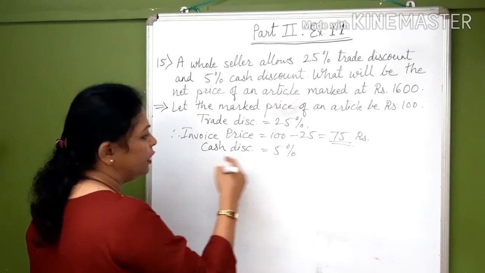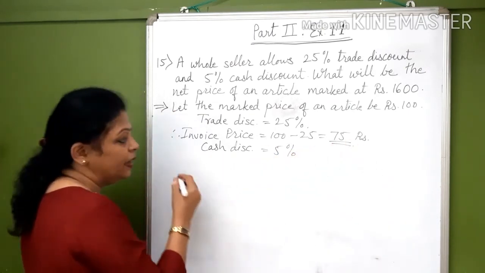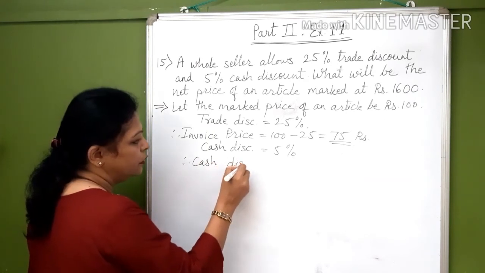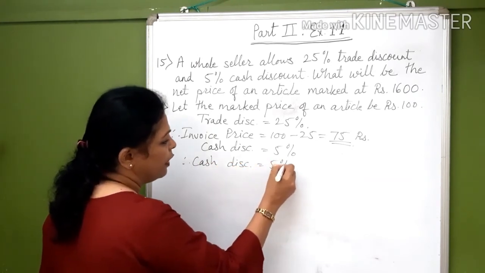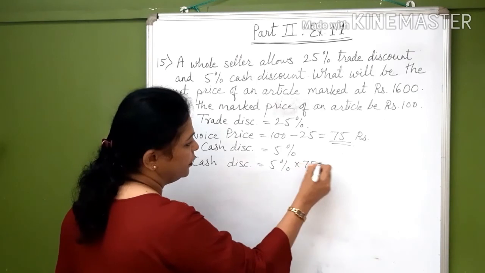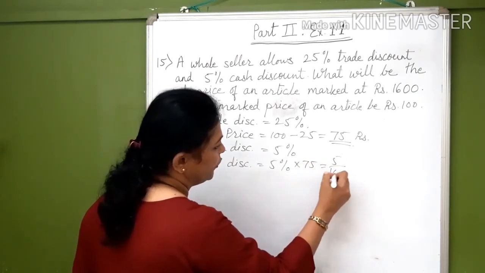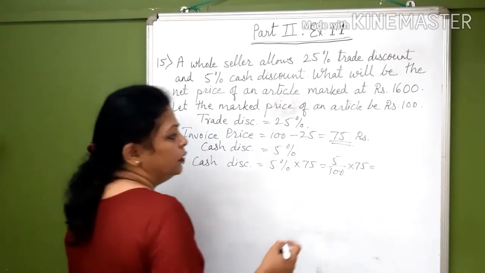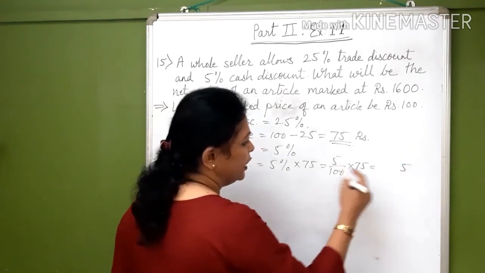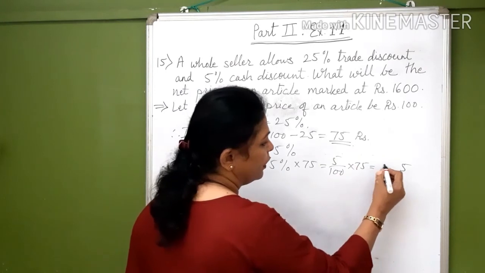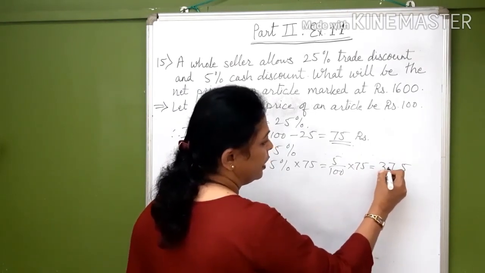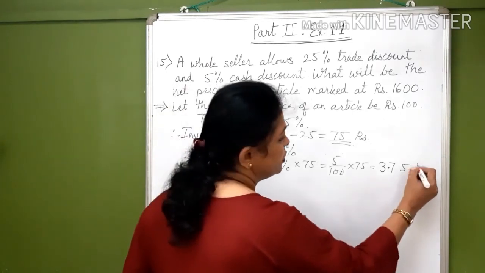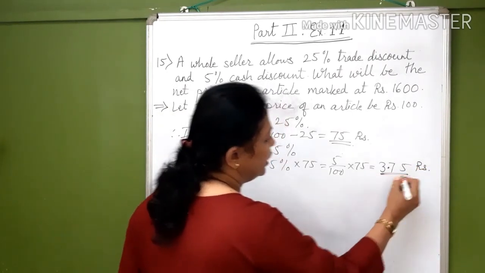So let us calculate the cash discount on 75 rupees. Therefore cash discount is equal to 5% of 75. That is 5 upon 100 into 75. So 5 5s are 25, carry 2, 5 7s are 35 and 2, 37 divided by 100. So after 2 places you will put the decimal point. So this 3.75 rupees you get the discount.